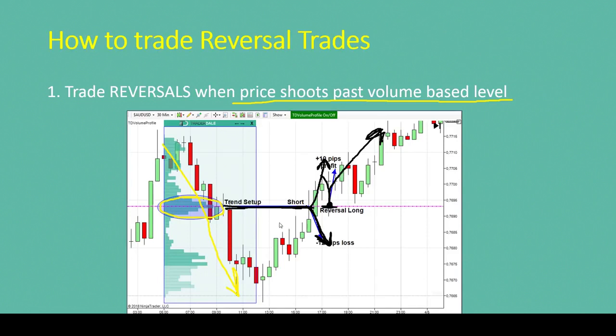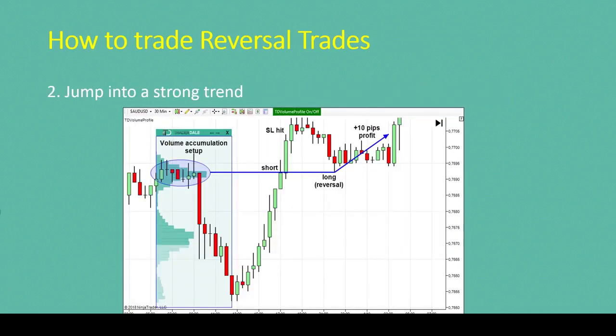Whenever price shoots past a volume-based level like this, without any reaction, then you wait for a pullback, you wait for the price to come again to this level, and you enter a reversal position. So this is the first way how to trade the reversal trades.